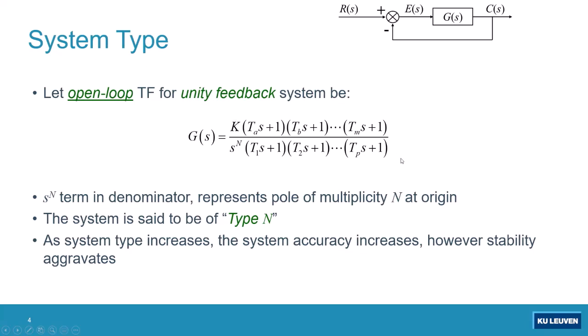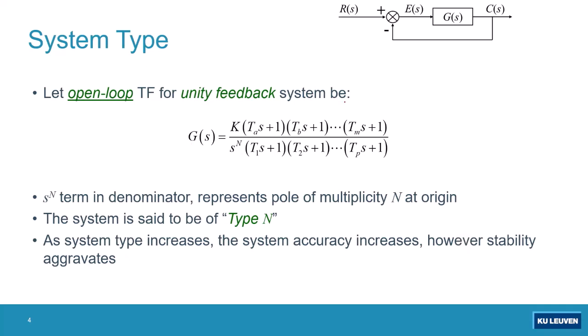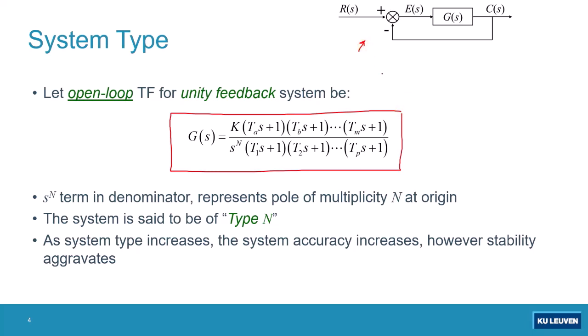The open loop transfer function of this unity feedback system has n number of poles which are equal to 0.